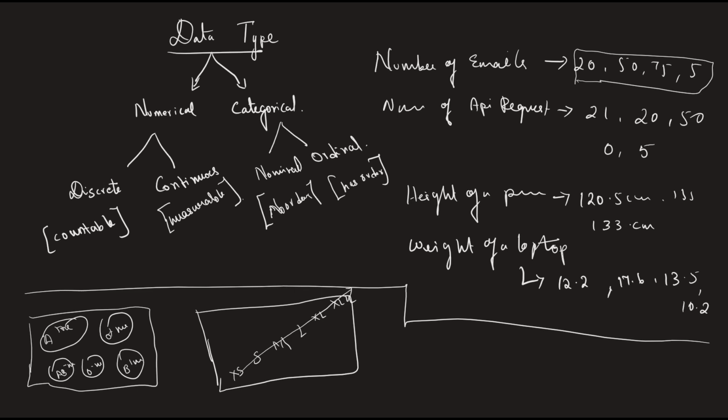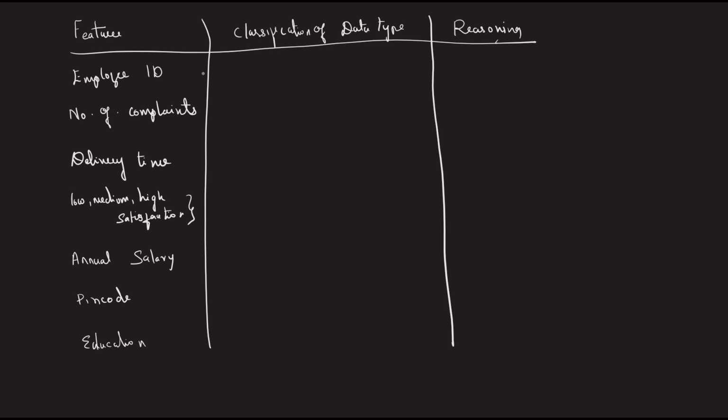It is not always. We should still ask whether it is counted or measured. If it is counted, then it is discrete. If it is measured, then it is continuous. Let's take 2 minutes and do a small exercise to identify the data types. You can pause the video, work it out yourself for 1 minute, and we can check it after that.